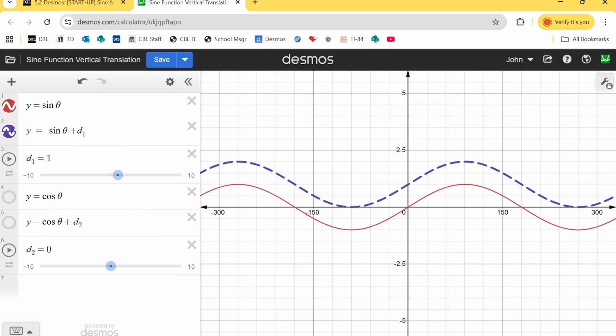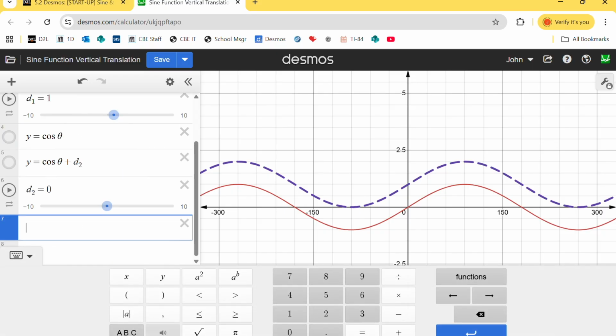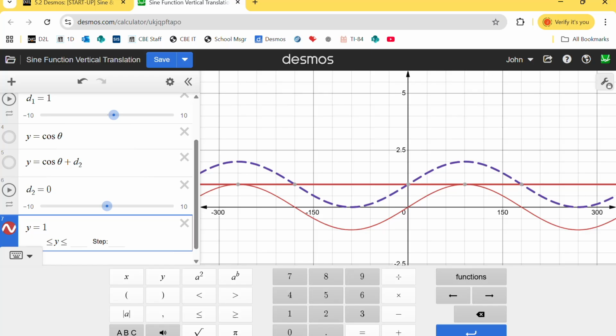That shifts the graph up by 1 unit. So if I show the new midline or the sinusoidal axis, that's y equals 1, and there it is in the new purple graph. It used to be at 0, then it shifted up 1. So the displacement value determines the equation of the sinusoidal axis. Okay, so that's vertical displacement.